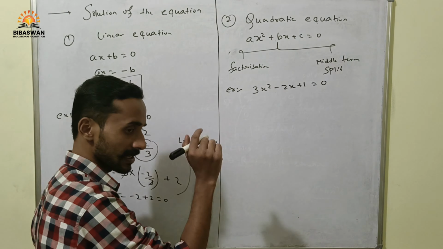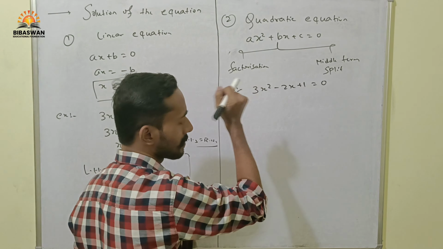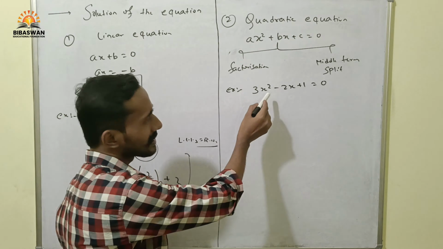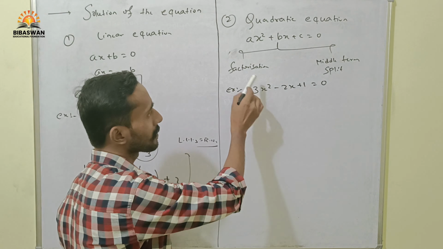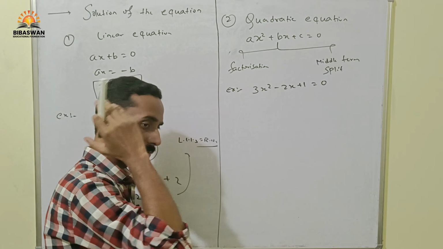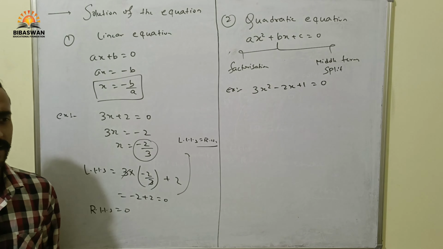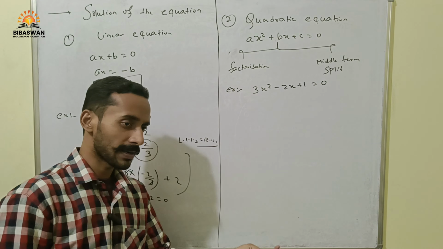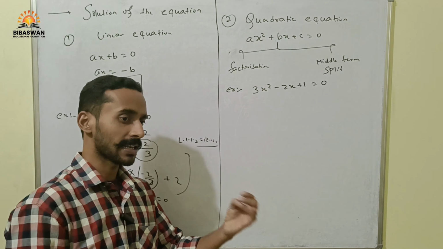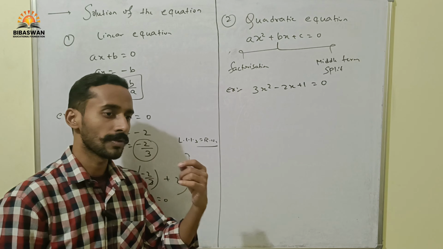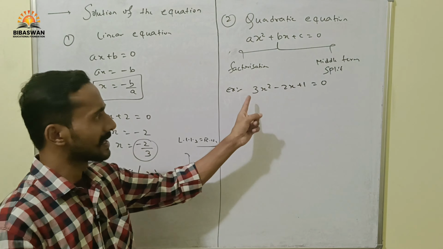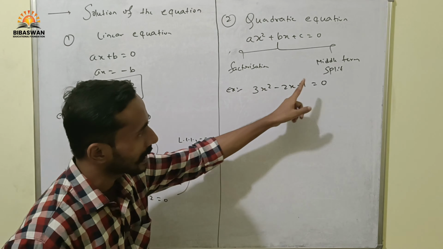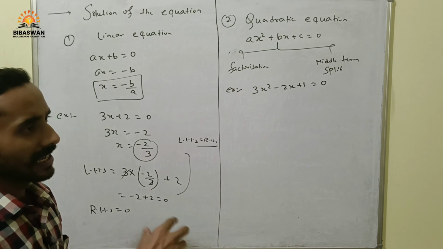The factorization method is very easy if the equation is satisfied by any identity: a plus b whole cube, a minus b whole cube, a plus b whole square, a minus b whole square, a cube minus b cube, a square minus b square. Then we can easily put the value of factorization. But middle term split has a different method.